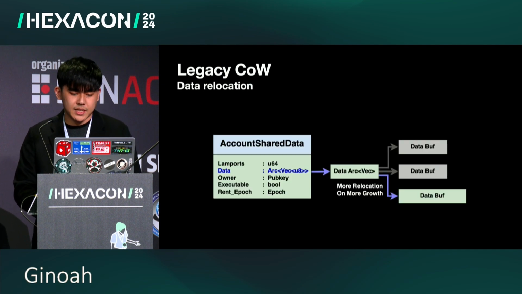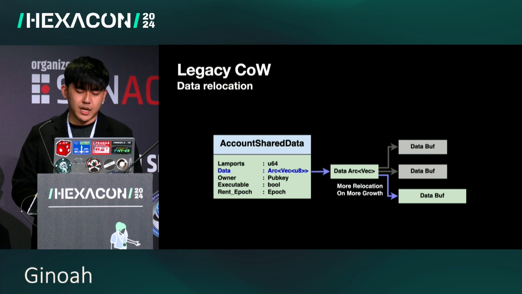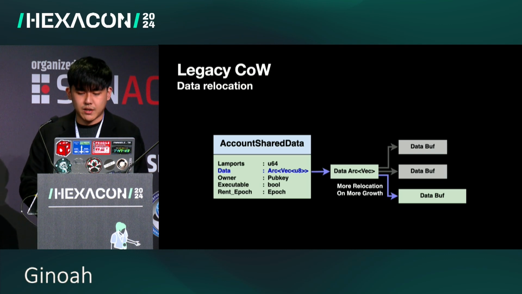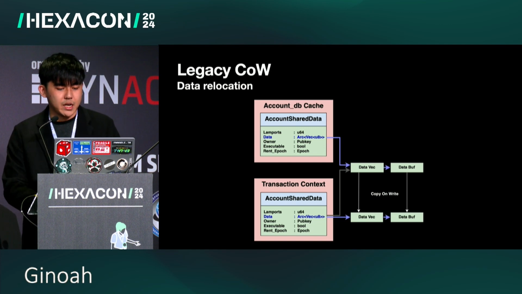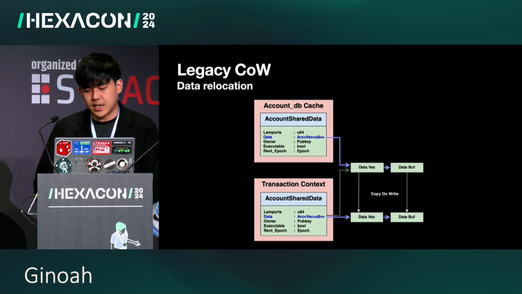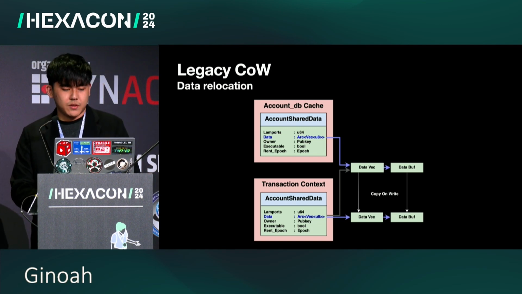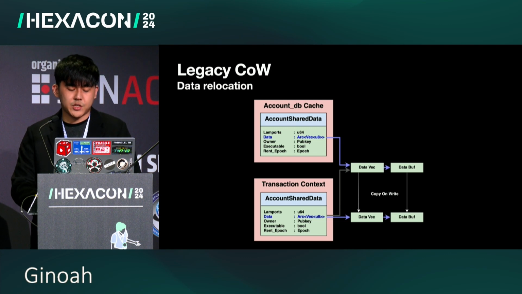Whenever we increase the data size upon entering or leaving a CPI, if the account shared data buffer is not large enough to hold data that should be written to it, we need to relocate the account data buffer, resulting in an additional copy. Every time we relocate to a new data buffer, we have to copy the old data into the new buffer. Note that only the data reference in the transaction context is updated, while the data reference in the account DB cache is only updated when committing the transaction.